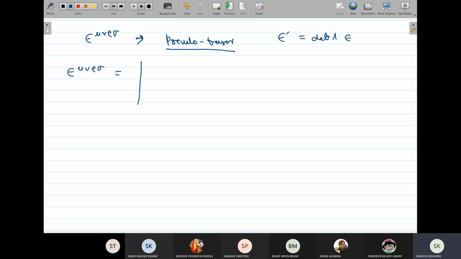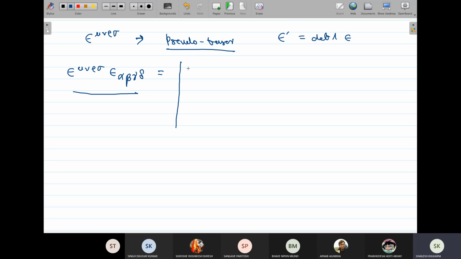One can write this in the following way. Sorry, the product of two epsilons. Suppose I take the product of two epsilons, epsilon mu nu rho sigma and epsilon alpha beta gamma delta. There is no index which is repeating, so there is no sum. This is the most general product of two epsilons.